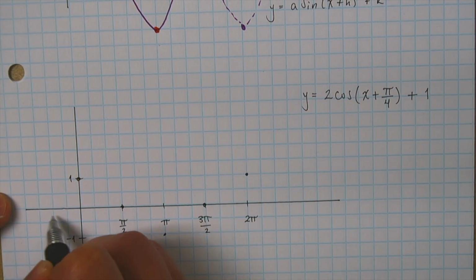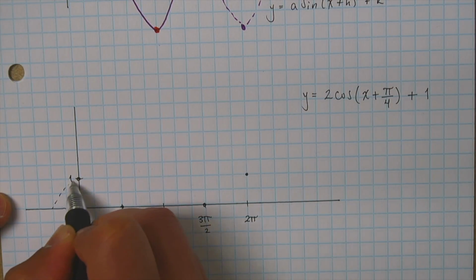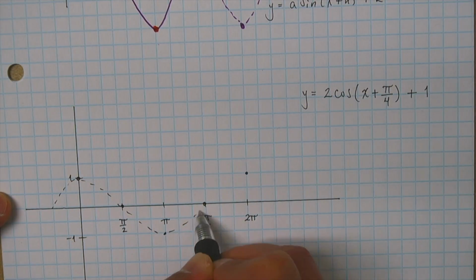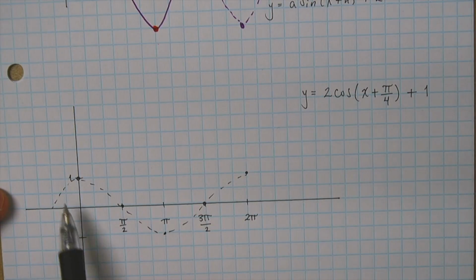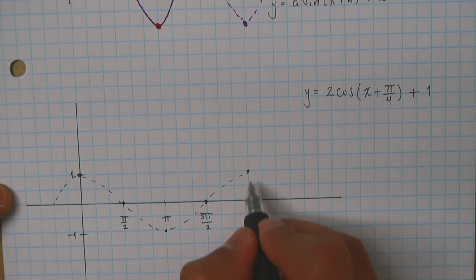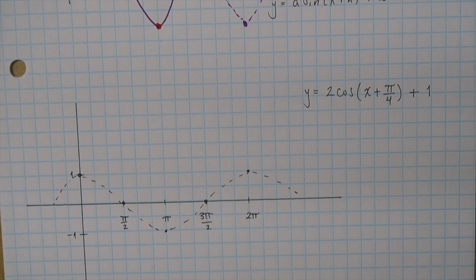And this actually continues over here, so you can actually see it. But one cycle is between 0 and 2 pi, so it looks like a little cup. Okay, and if you want to continue it this way, that's fine.